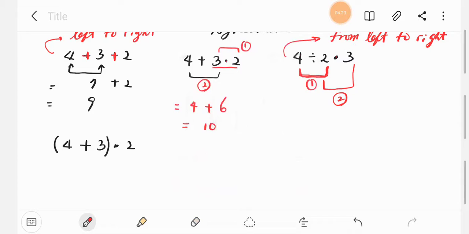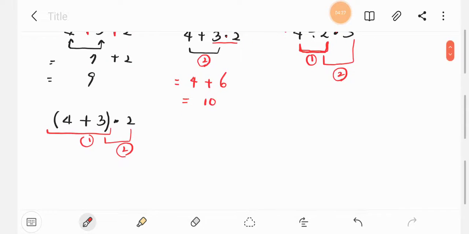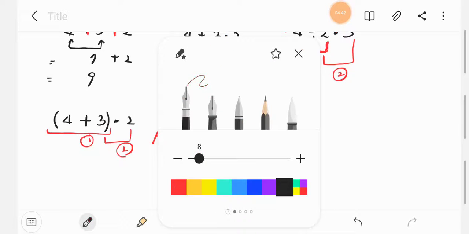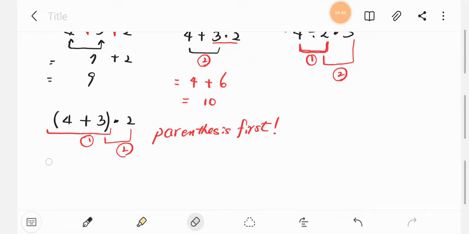So simplify the parenthesis first. The parenthesis is 4 plus 3 is 7, multiplied by 2, so it will be 14, right?